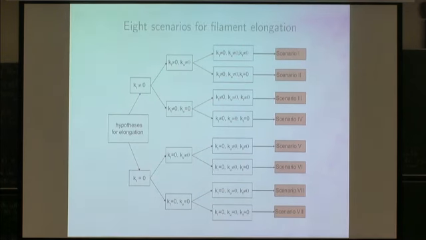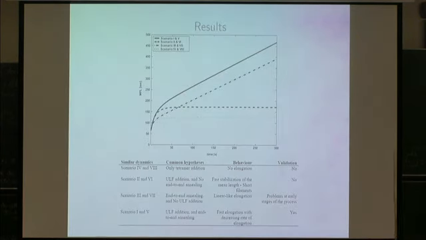Now, remember, we have three possibilities, and we are going to examine all the possible scenarios, with tetramer addition, ULF, and filament, and so on. We are going to switch the three possibilities on and off, so 2 to the power 3, 8 scenarios, and we are going to compare the 8 scenarios using the mean length to the data.